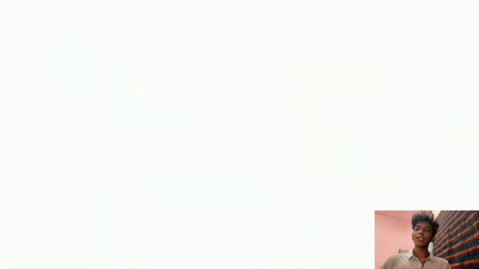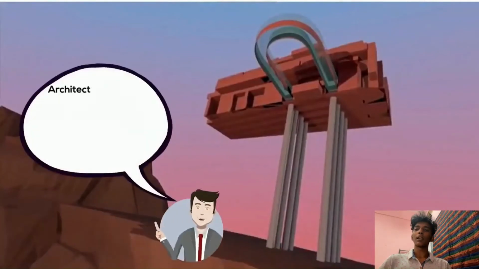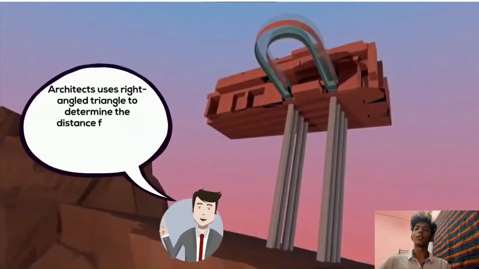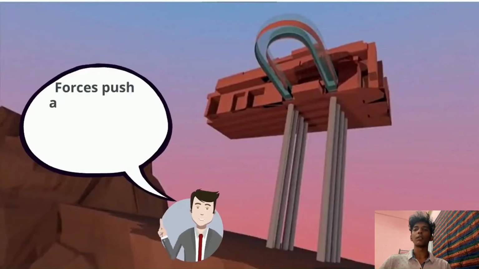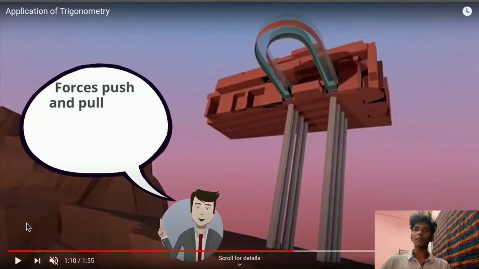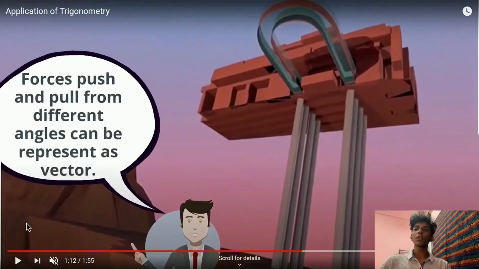Architects use the right angle triangle to determine the distance from the base to the edge of the bridge. Forces that push and pull from different angles are represented as a vector.